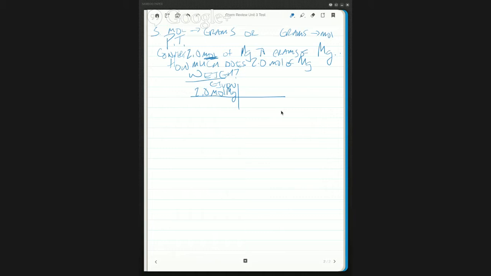And we have to cancel. That's what goes in the bottom of the next step. And so that's going to be moles of magnesium. And what we want goes in the top right, which is grams of magnesium. What number always goes with moles? That's right, kids. It's 1.